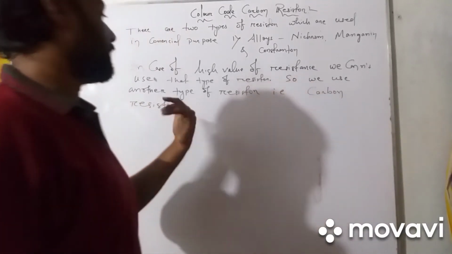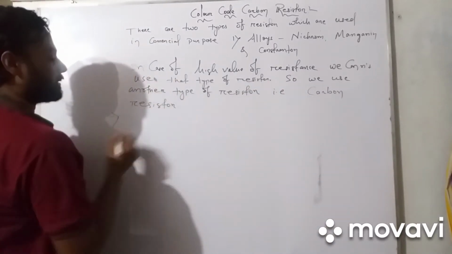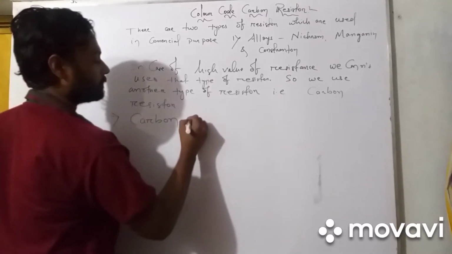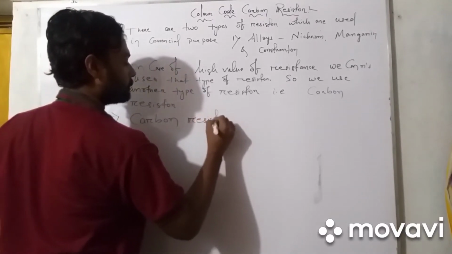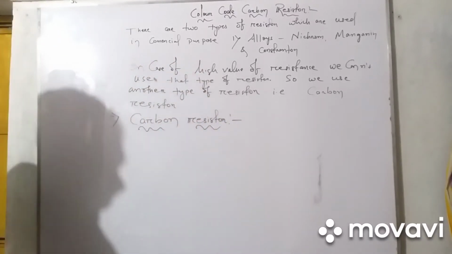So the second resistor can be represented as a carbon resistor. So what is done by a carbon resistor?